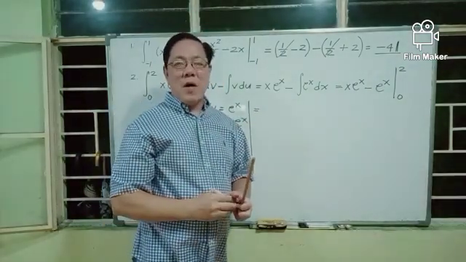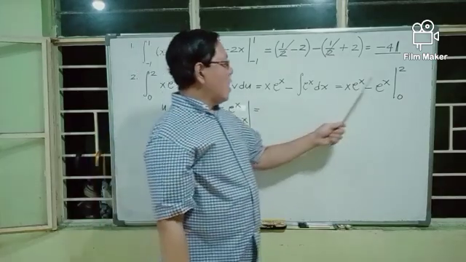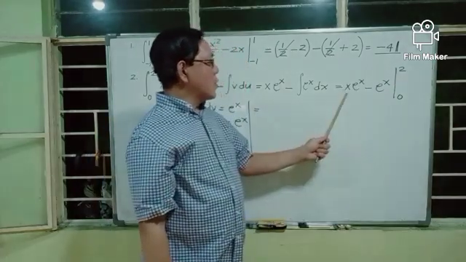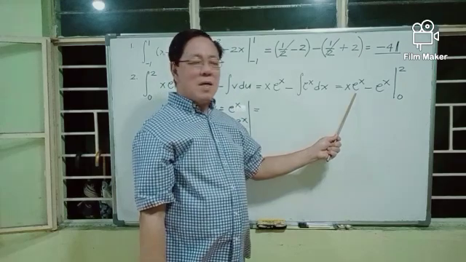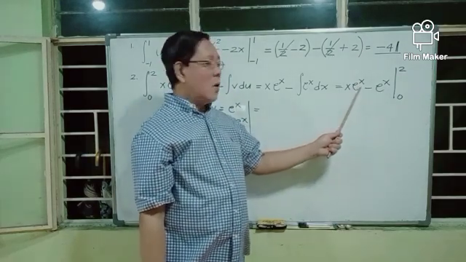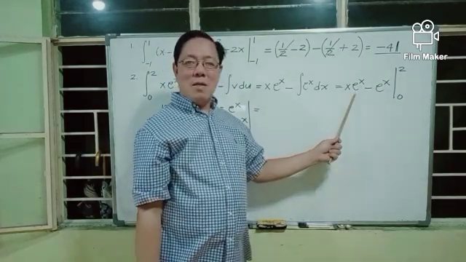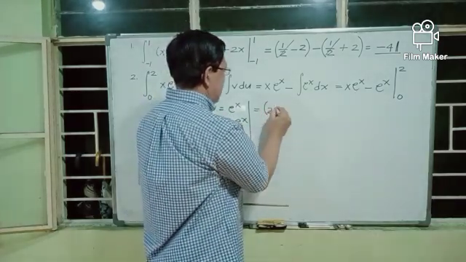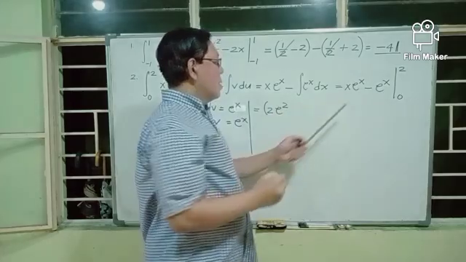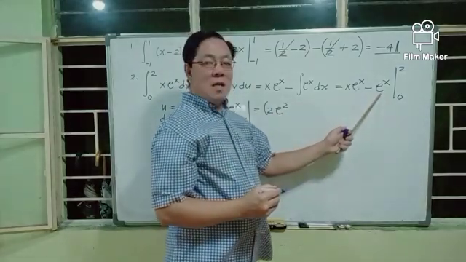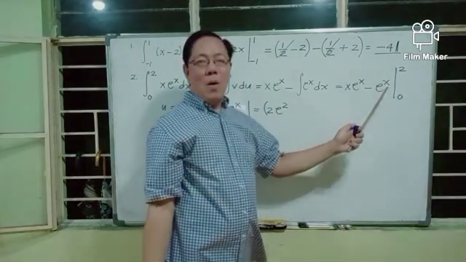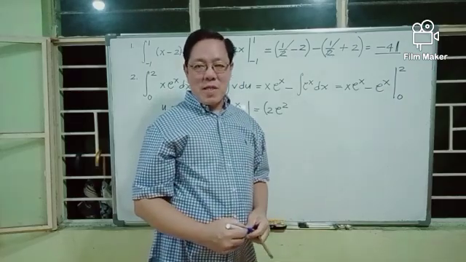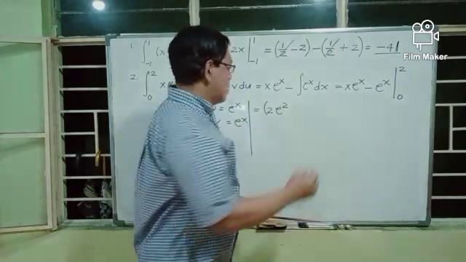And we start from the upper limit. When x is 2, you get 2 multiplied by e to the power 2, or 2 times e squared. Minus e, x is 2, or e to the 2, to the second power, or e squared.